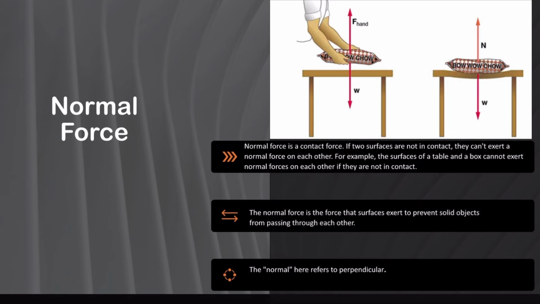Normal refers to perpendicular, meaning making a 90 degree angle with the contact surfaces.